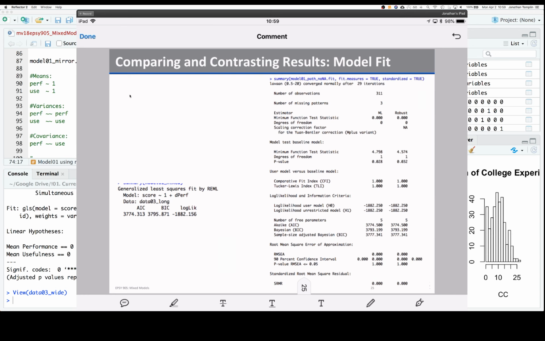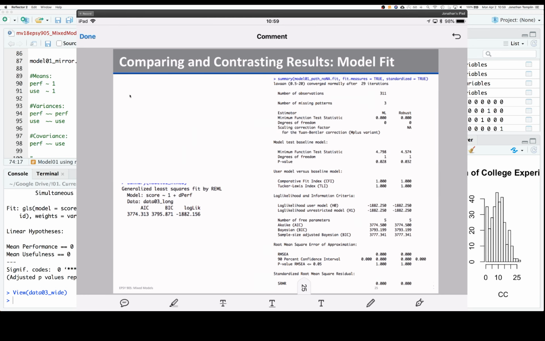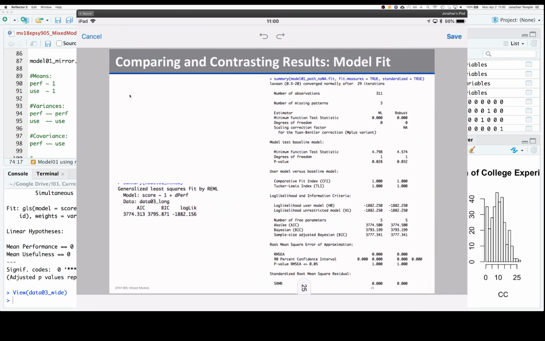But what you'll notice is that our log likelihood in the mixed model, this is the value from the mixed model, or GLS, is not exactly the same as our log likelihood in Lavaan, and that's our first indication that things are a little bit different. Part of the reason why this is different is because we have REML, which has a different type of likelihood function as well.